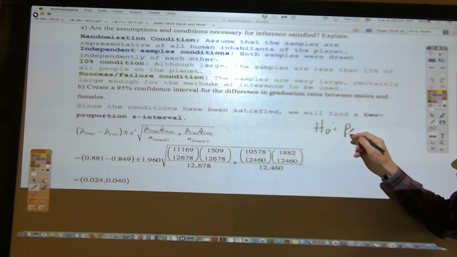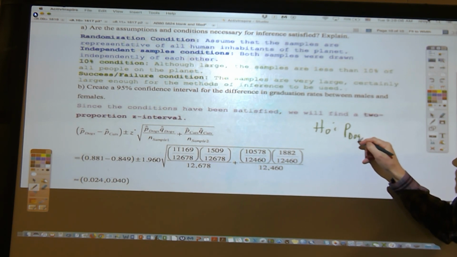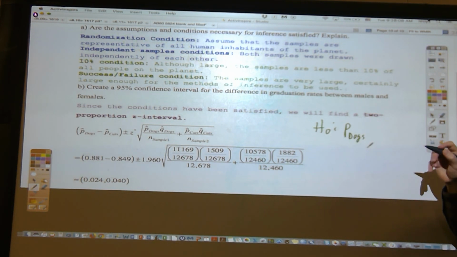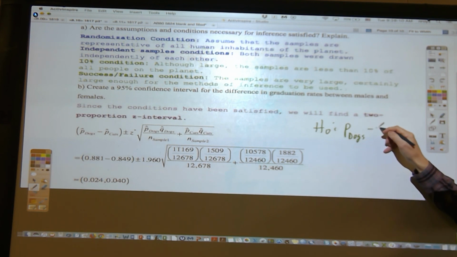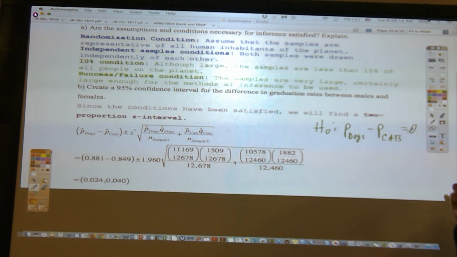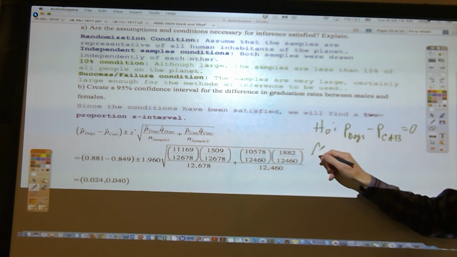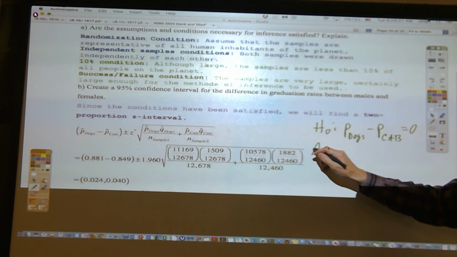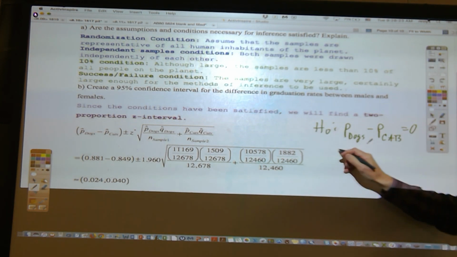That p, not p hat, but p dogs, the true proportion of people bitten by dogs minus the true proportion of people bitten by cats is 0. Not p hat, but p. And then H alternate. Get that right.